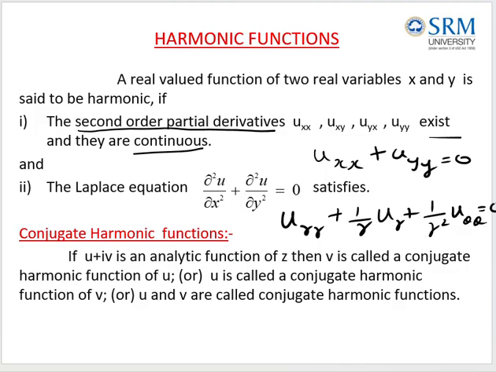Next we are going to see conjugate harmonic function. If u plus iv is an analytic function, that is f of z equal to u plus iv is an analytic function, then v is called the conjugate harmonic function of u, or otherwise u is called the conjugate harmonic function of v, or u and v are called conjugate harmonic functions. So each one is the conjugate harmonic function of the other.